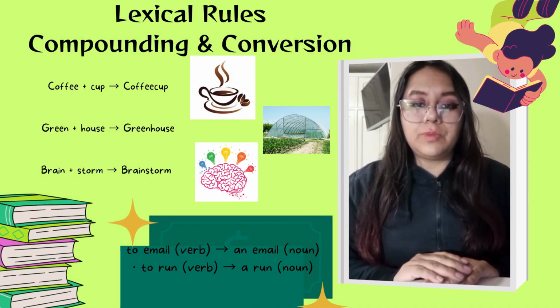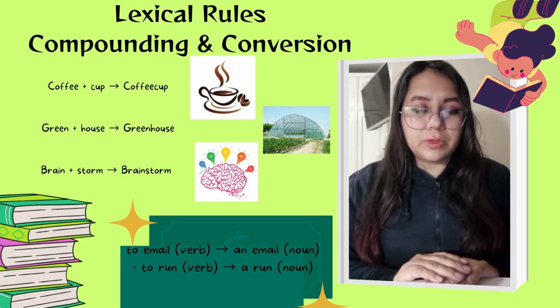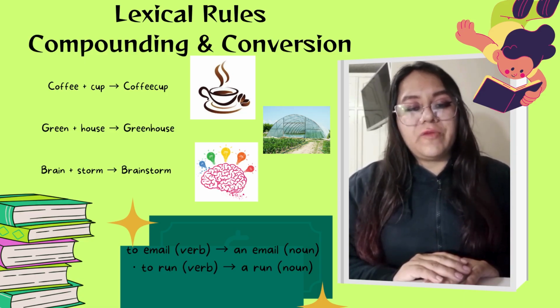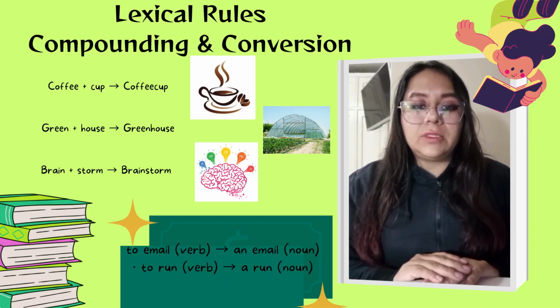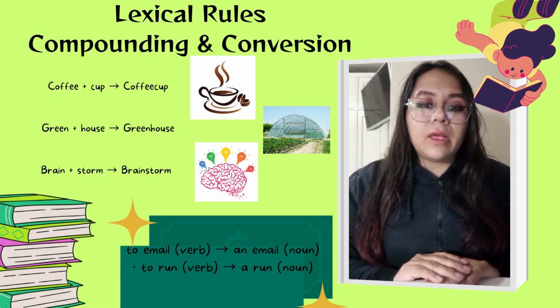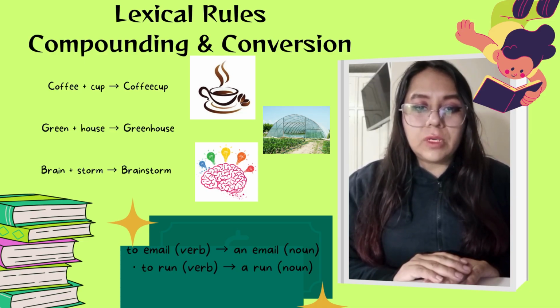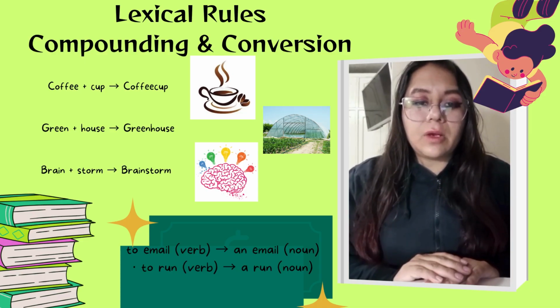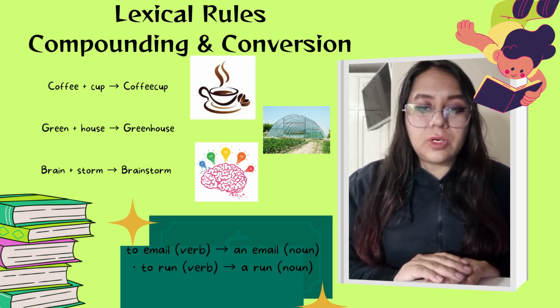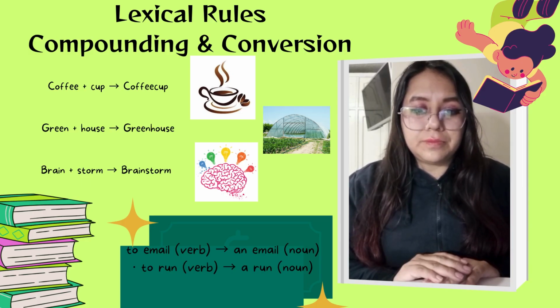Another rule is compounding, combining two or more words to make a new word. For example, coffee plus cup is coffee cup. Green plus house, greenhouse. Another is brain plus storm, brainstorm.